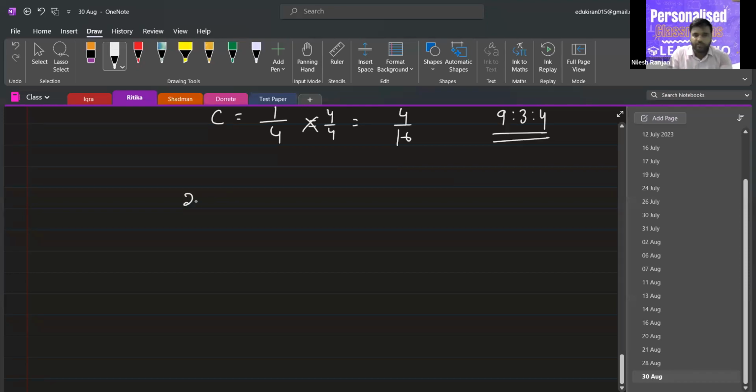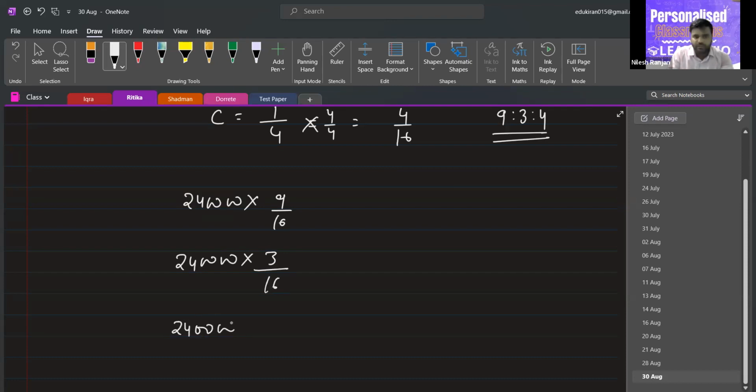So we will multiply it with their new profit share: 2,40,000 into 9/16, 2,40,000 into 3/16, and 2,40,000 into 4/16. So 1,35,000, 45,000 and 60,000.